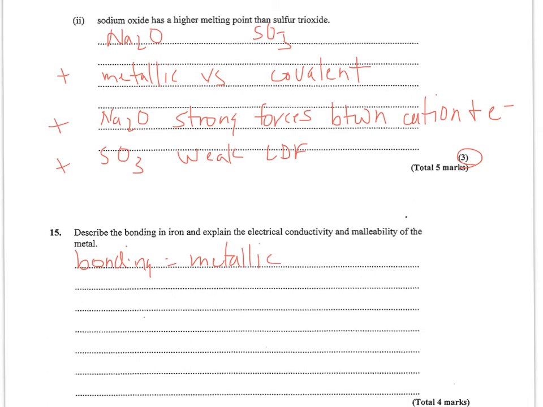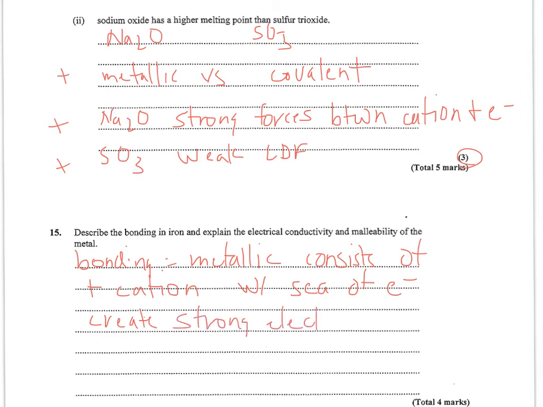That part's kind of irrelevant, but it consists of a positive cation with the sea of electrons, and you could say sea of electrons or delocalized electrons, either one. So those 2 factors are going to create a strong electrostatic attraction. So I wanted you to mention how the bond forms and also mention its strength.